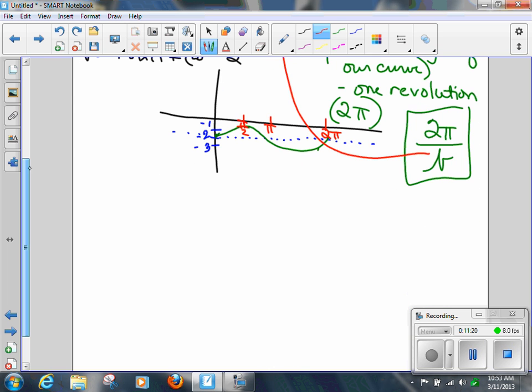If you don't understand that, write it out. Half of pi. Mathematically, what does of mean? Multiplication. 1/2 times pi over 1. When you multiply that, what do you get? Pi over 2.